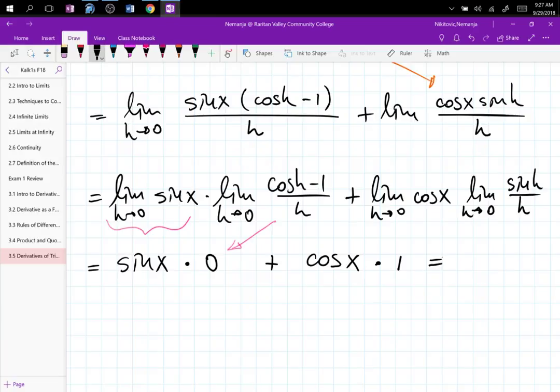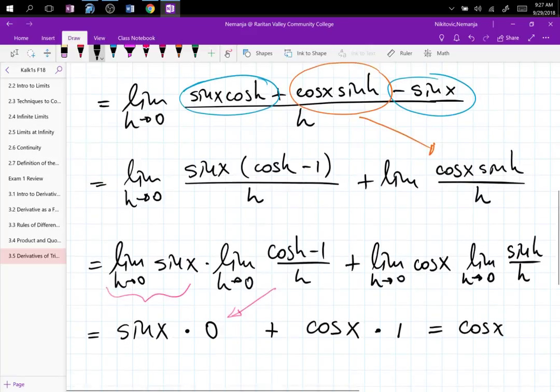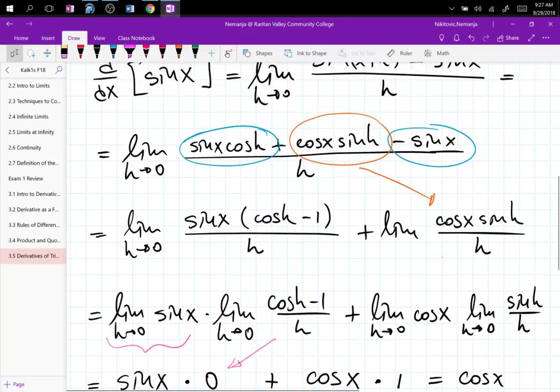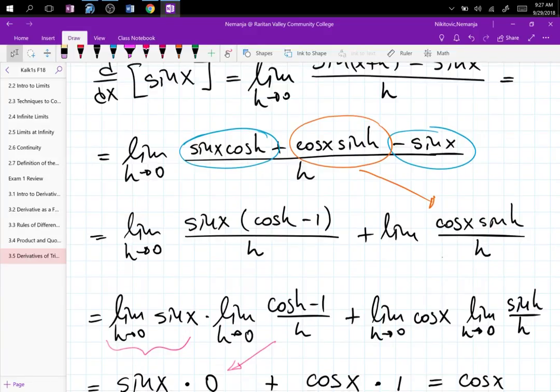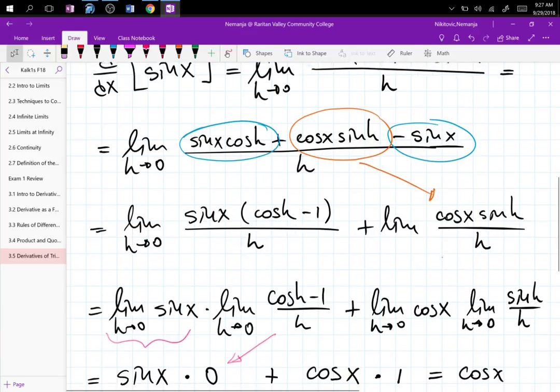So sine times 0 is 0, cosine times 1 is 1, so cosine x. So what we'll see in here is the full calculation to get the derivative of sine x using the standard limit definition of the derivative.